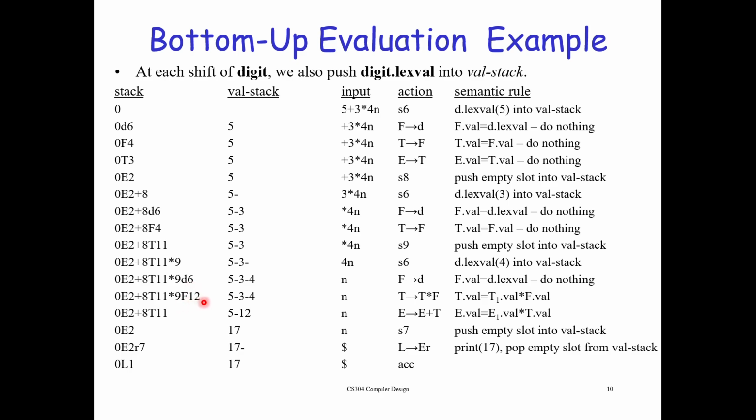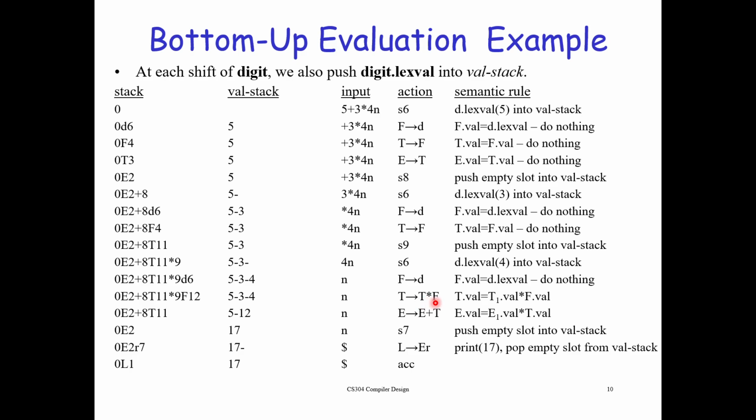Then 9 under F is 12. Still the stack top is having the 4, because it is F gives D and just copies the digit value. Then 12 under star, it is T gives T star F.